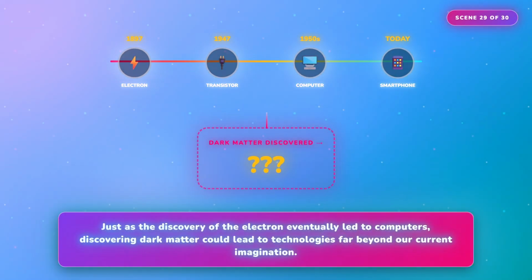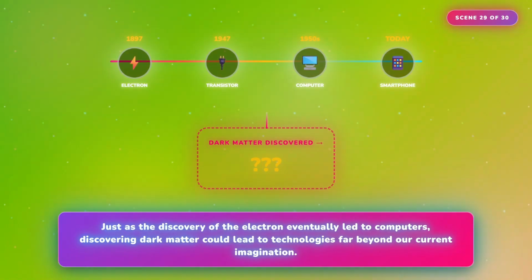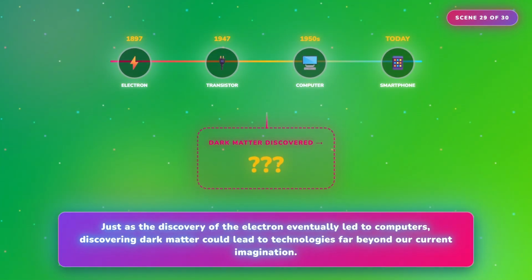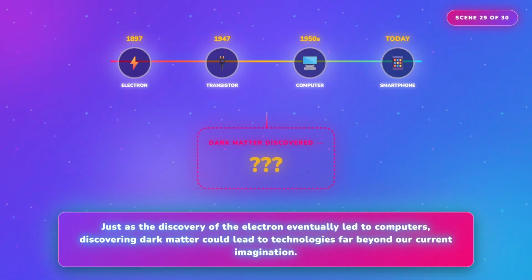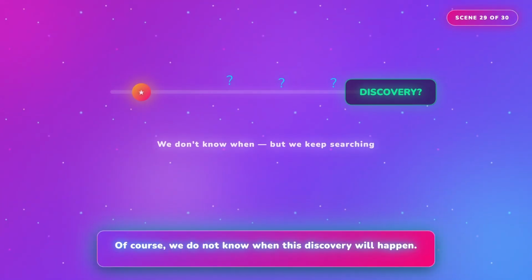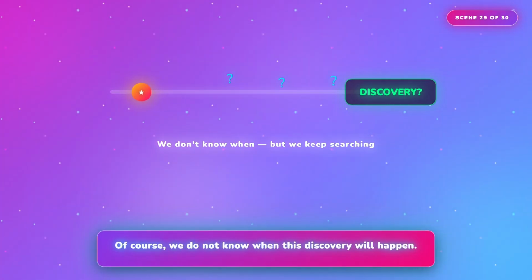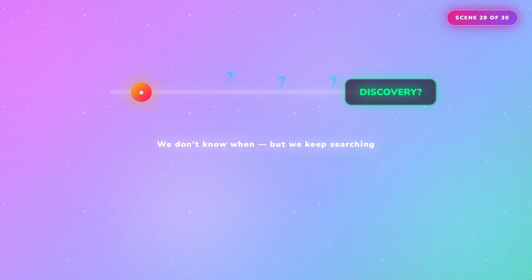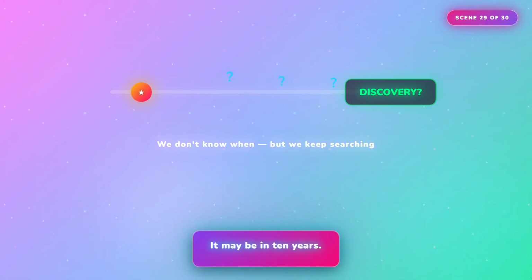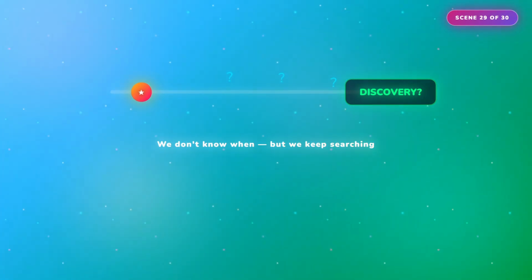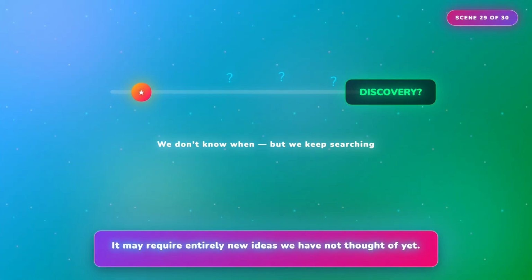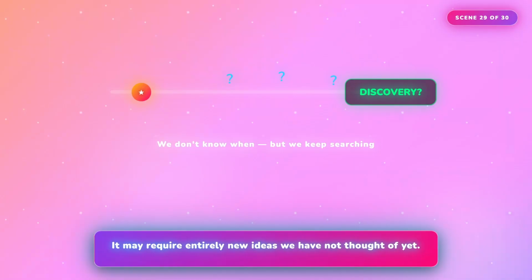Just as the discovery of the electron eventually led to computers, discovering dark matter could lead to technologies far beyond our current imagination. Of course, we do not know when this discovery will happen. It may be in 10 years. It may be in 100. It may require entirely new ideas we have not thought of yet.